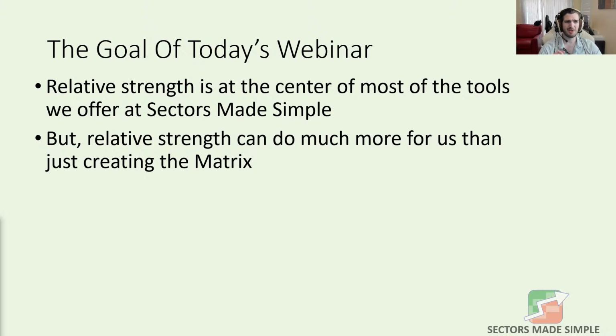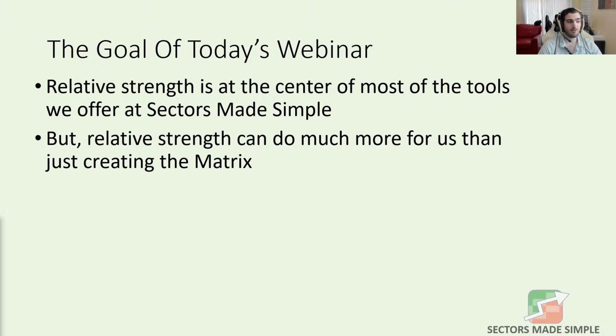For the matrix, we compare one sector ETF to another, and then compare that sector ETF to another, and so on and so forth, until we've done that 132 times per day. But that's a lot of work, and that's why we do the matrix, so that you don't have to.